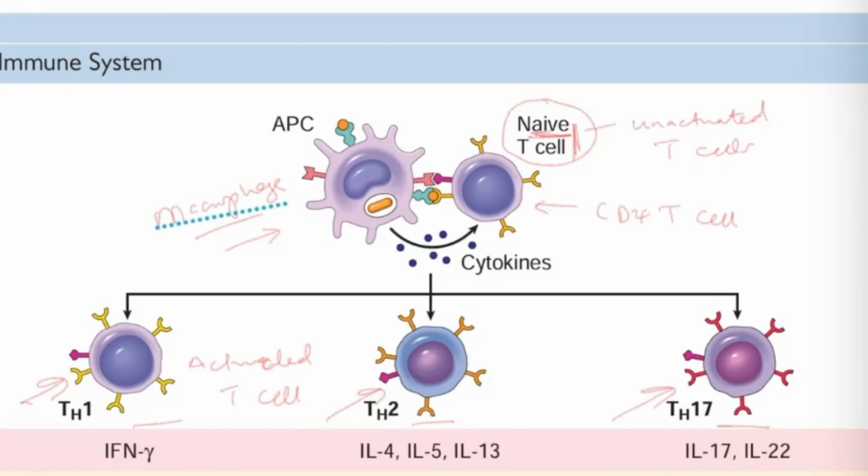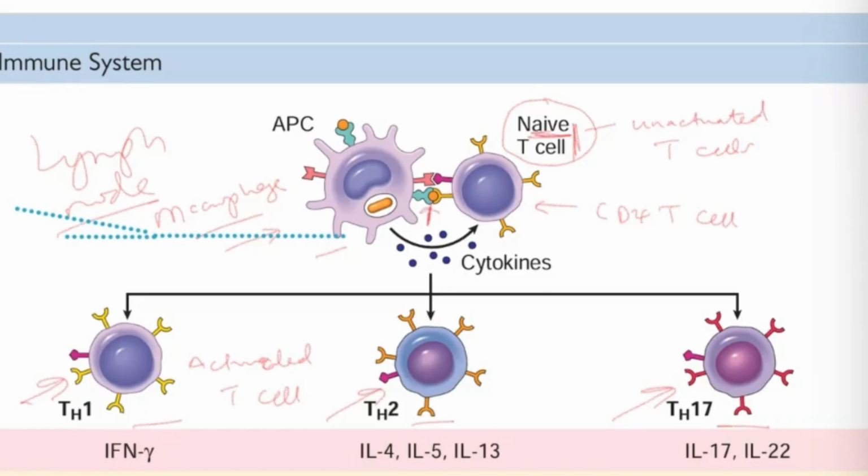All right. So now this is happening in the lymph node, or you could say the spleen as well, in the secondary lymphoid organ. So the APC, whether the dendritic cell or the macrophage, brings the antigen and presents it to the T cell.